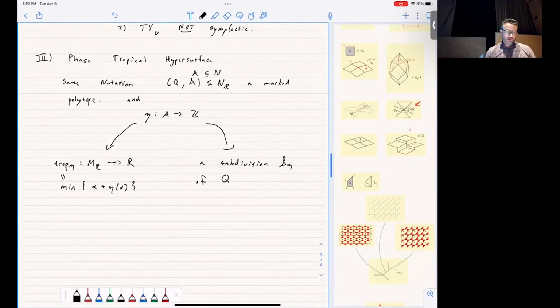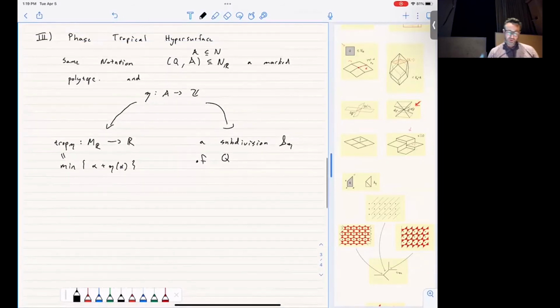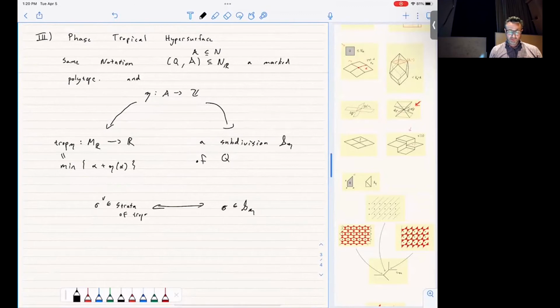And these things work together, as is well known in elementary tropical geometry. You get this bijective correspondence: if I take a cell in the subdivision, I can talk about its dual cell in the stratification, the strata of this trop.